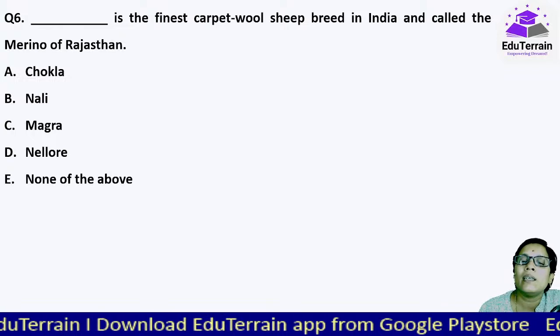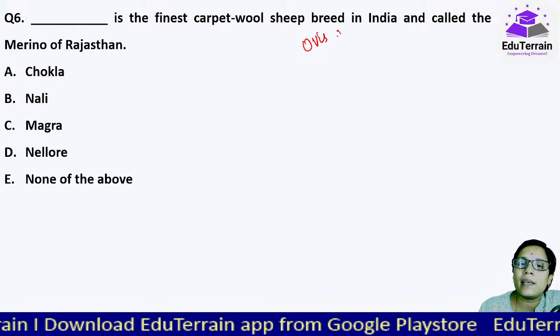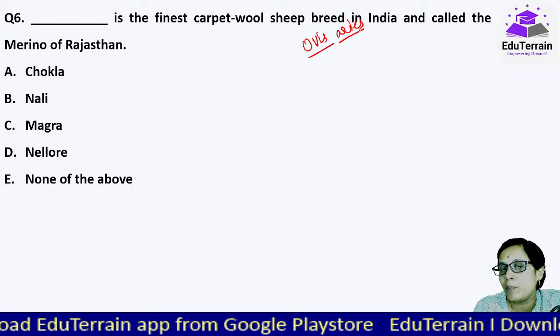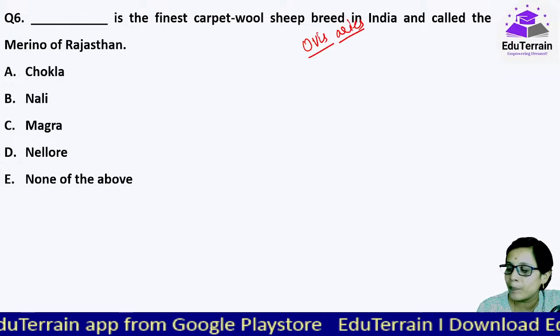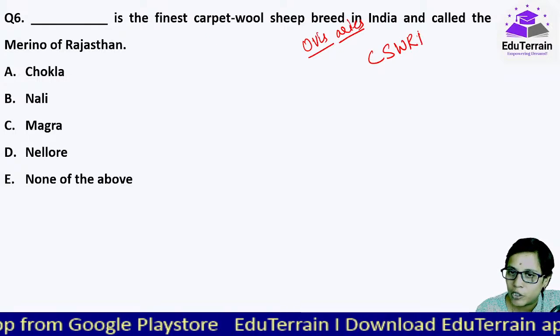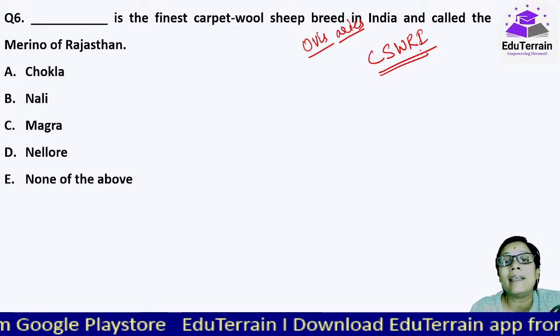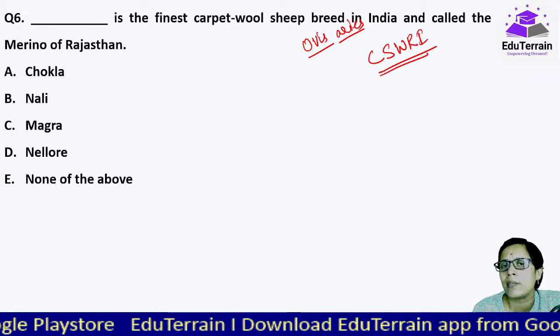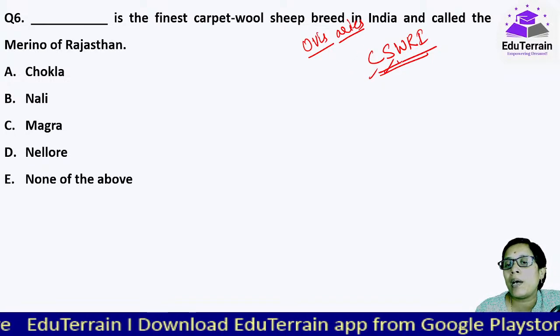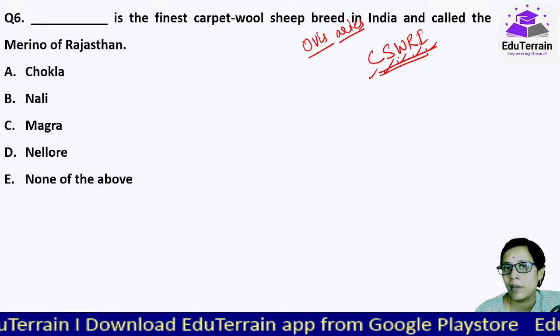So here Ovis aries is the scientific name of sheep, and we have two sheep research institutes in India. One is the Central Sheep and Wool Research Institute, which is in Avikanagar in Tonk. It is very close to Jaipur, it is one of the districts. The Central Sheep and Wool Research Institute is there at Avikanagar.